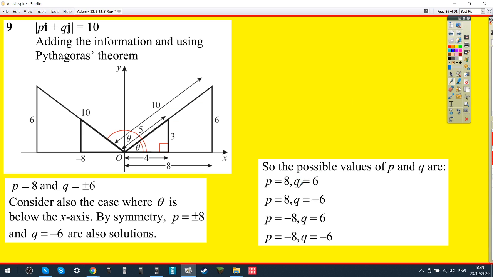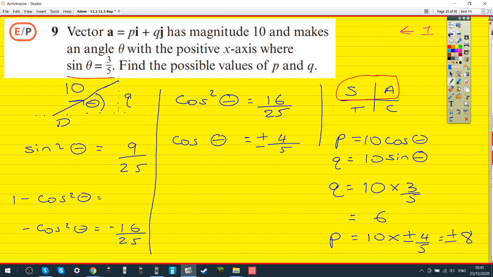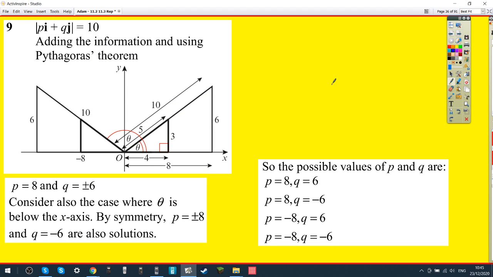They're saying that Q is plus or minus. Why is that? Consider also the case where there's symmetry.